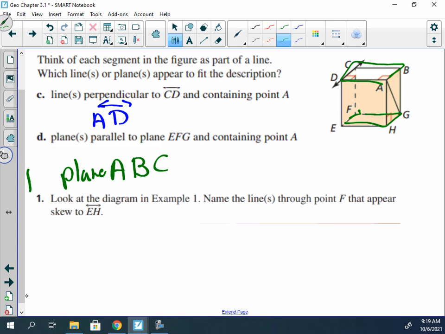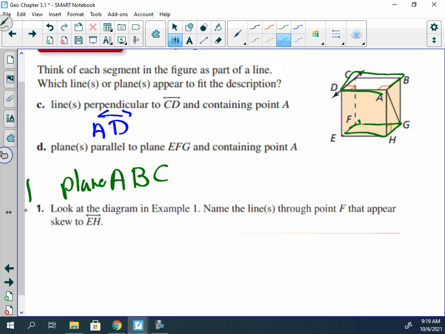Name the lines through point F that appear to be skew to EH. So EH and through point F. So we would have FC or CF, yes.